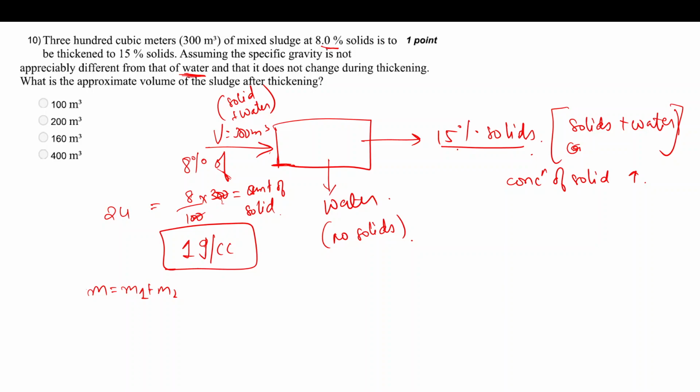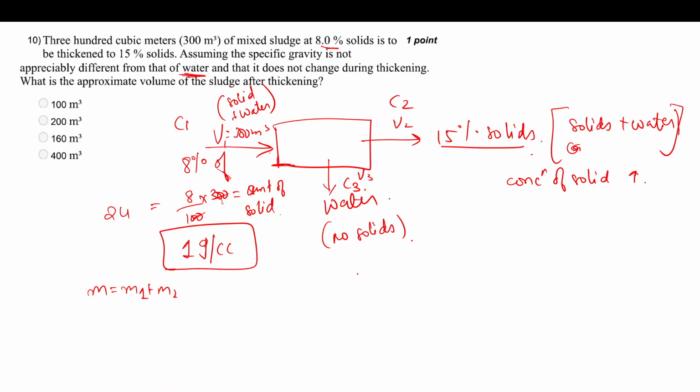So what we need to do is apply a solid balance over this process. Let's say this is C1, this is C2, and C3, which is the concentration of solid in each stream. This is V1, V2, and V3, right?